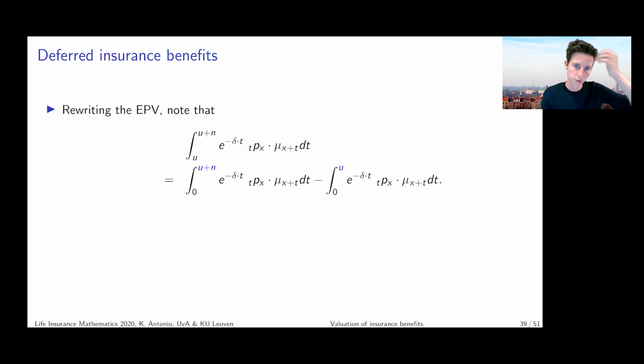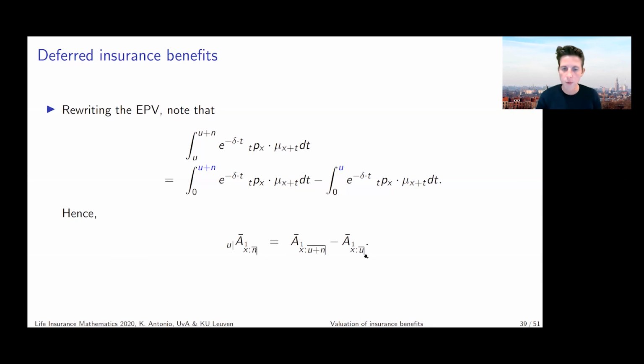What we do here is split the integral from u to u plus n: I'm going to write it as the integral from 0 to u plus n minus the integral from 0 to u. So what I recognize then is that the EPV of my deferred insurance product can be written as a difference of two term insurance EPVs, one that I sell to an x-year-old with duration u plus n, and one that I sell to an x-year-old with just duration u.